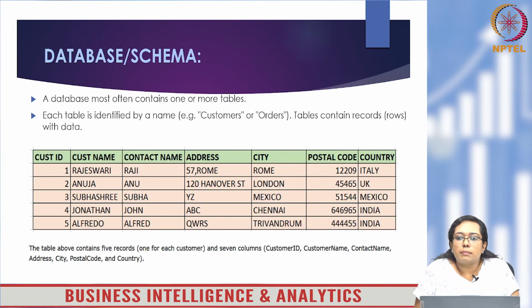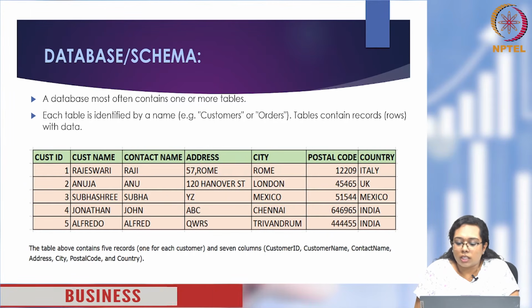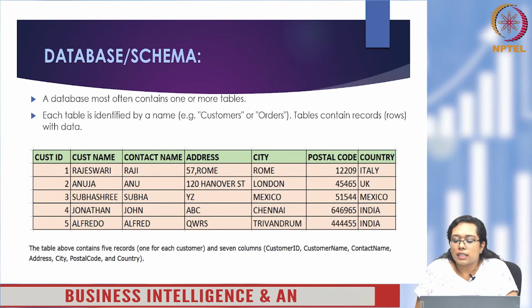Database or schema. What is a database? It's a structure in which the data is stored. A database may contain one or more tables. Each table can be identified by a name, known as the table name. For example, a customer table or an order table. Tables contain records or rows with data.